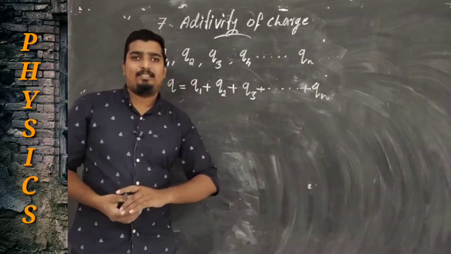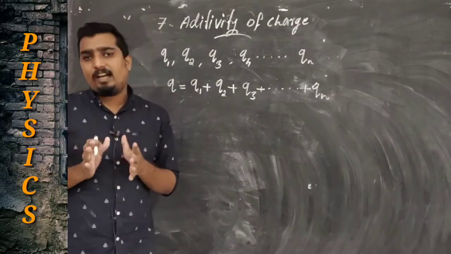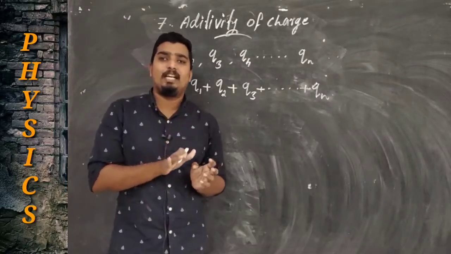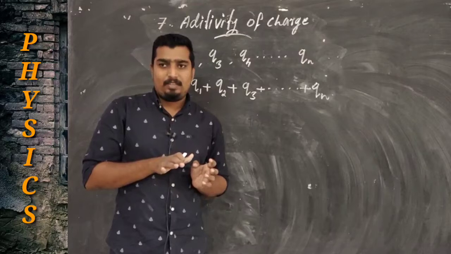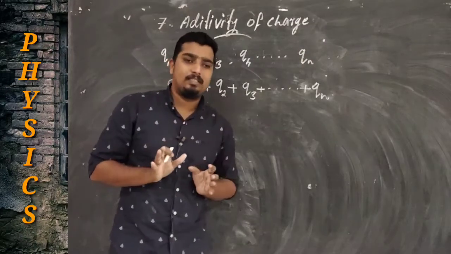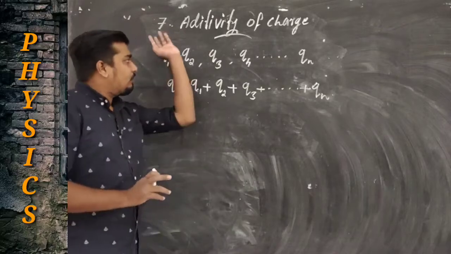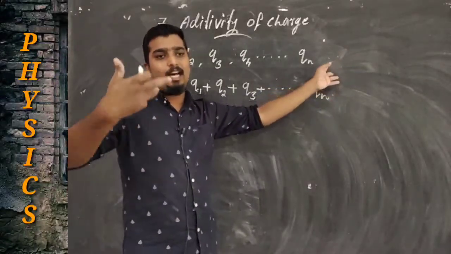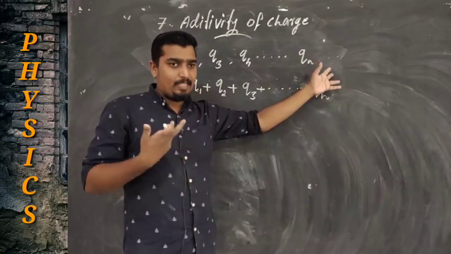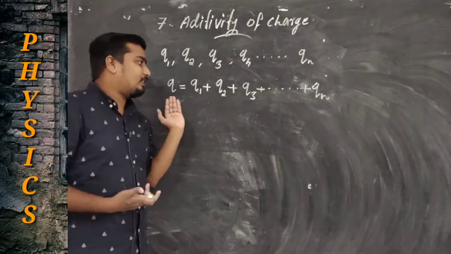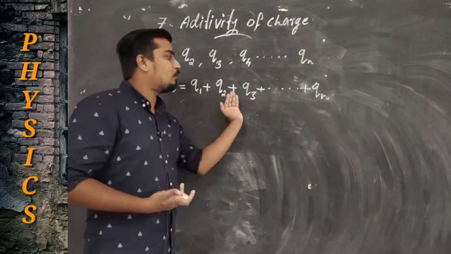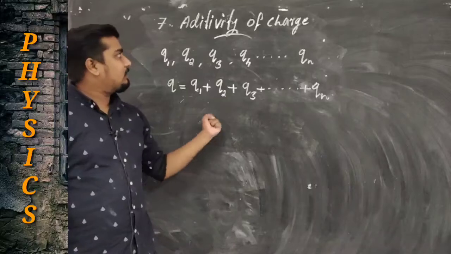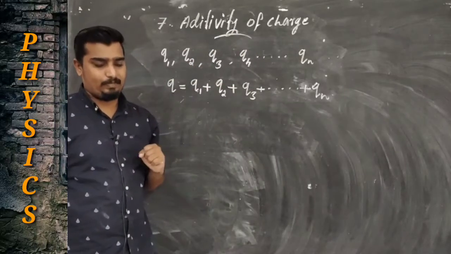That is, the total charge on a surface is the algebraic sum of the individual charges present on that surface. This is the additivity of charge.